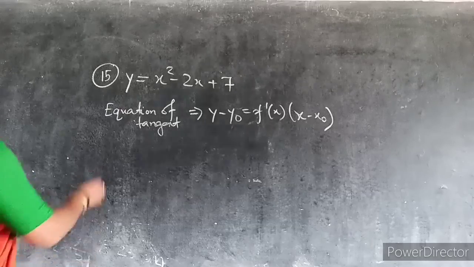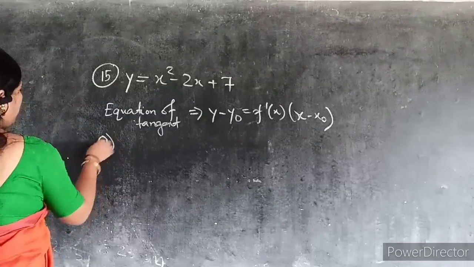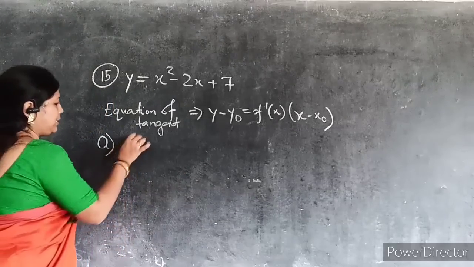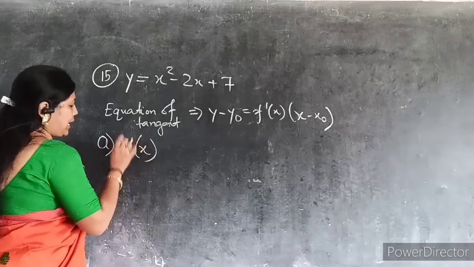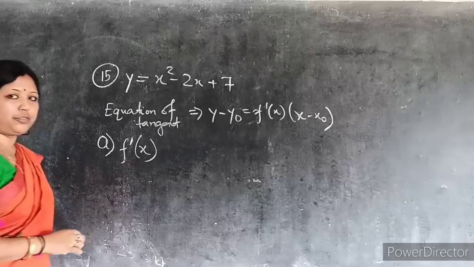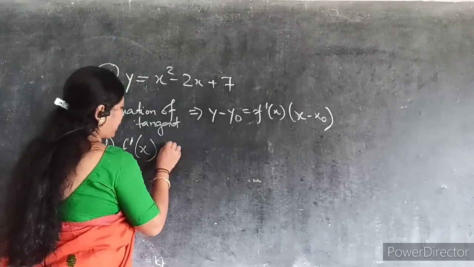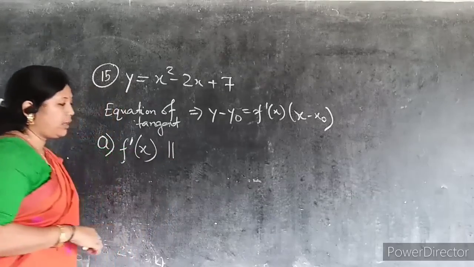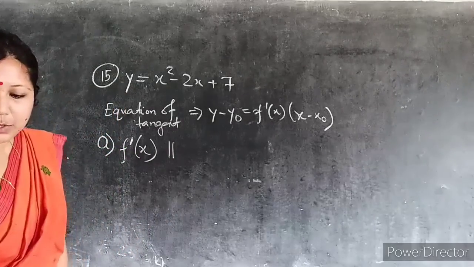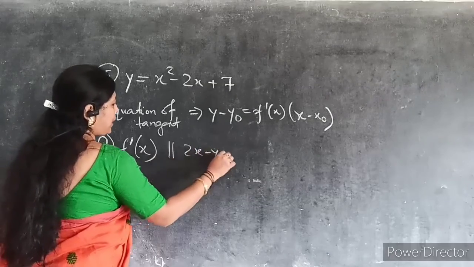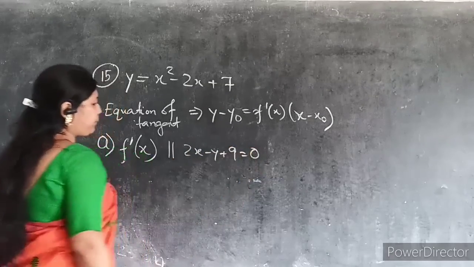In your first part, here what is given? The slope of this tangent, that is given by f dash x. This is the slope of the curve, right? So the slope of the curve is given parallel to the equation 2x minus y plus 9 equal to 0.